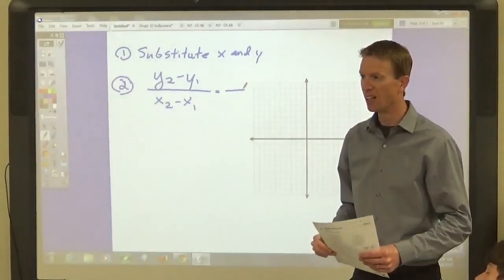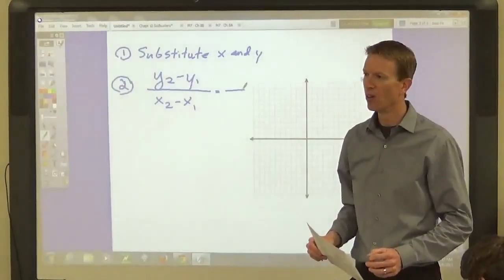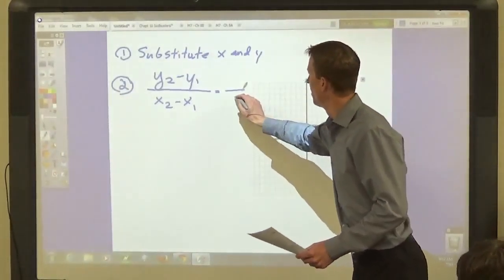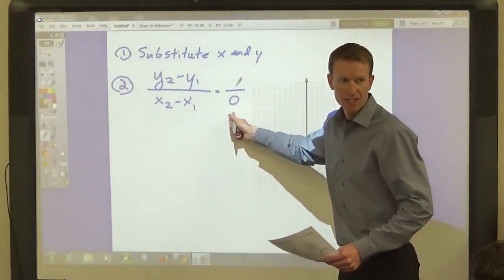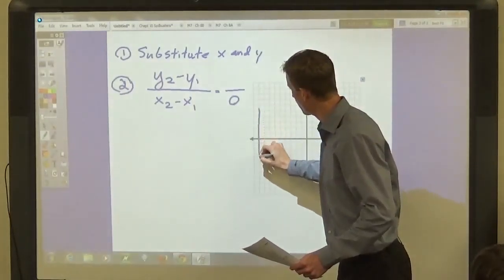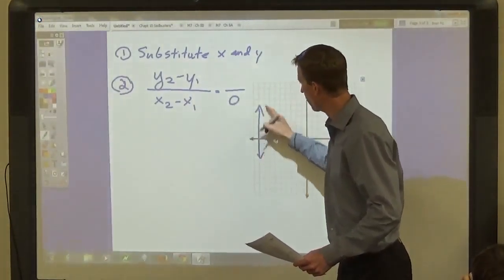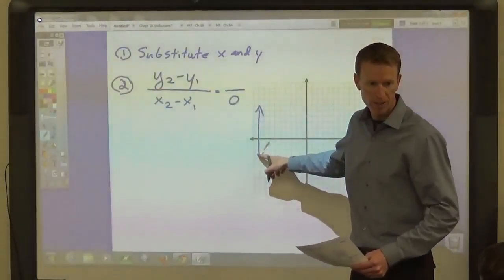It's a syntax error in your calculator. Or you get a 0 in the denominator. Or, like we said, if you get a vertical line on the graph, this is an undefined slope, isn't it?